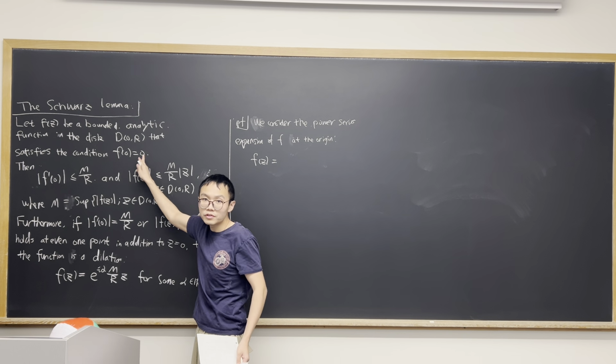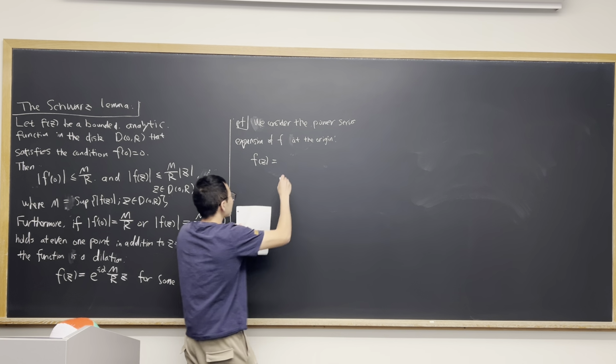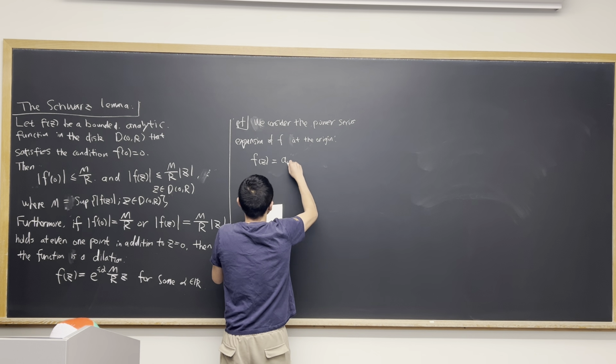Since f of 0 is equal to 0, we know that the constant term vanishes. So let's start with the first term.